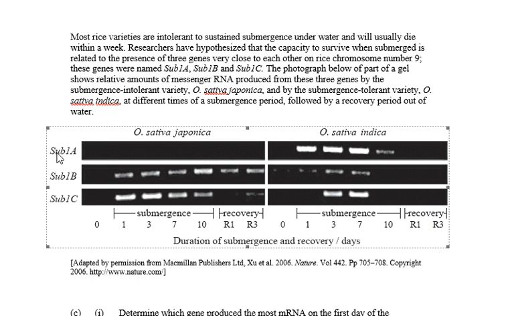So you've got the 3 genes here. Each of these shows how much RNA is being produced of those particular genes. Remember, RNA relates to particular genes. And it shows how much of it's being produced on different days of submergence and in days of recovery.